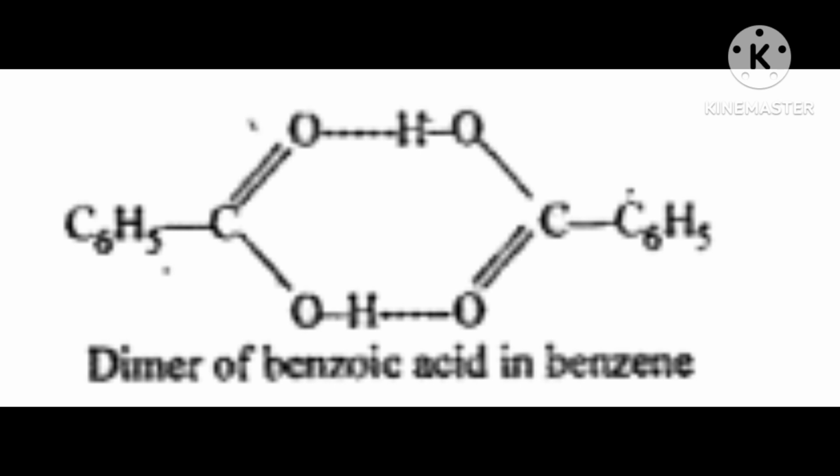How will you calculate the observed freezing point? To calculate it, all data is given. Molality we will calculate quickly, because n you have calculated already, 0.0106. Then this is dissolved in 1 kg of water.